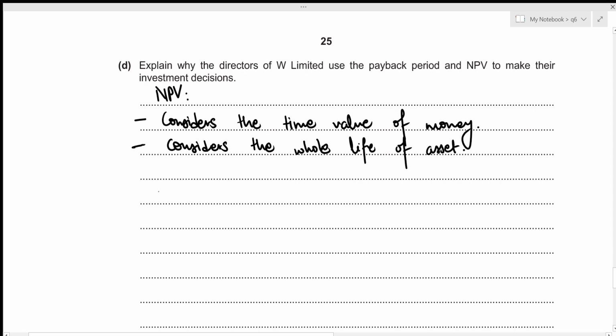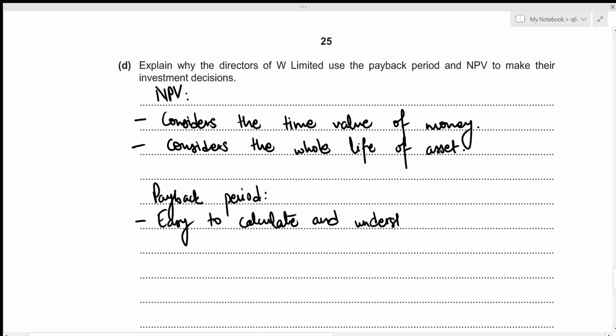Now let's talk about payback period. Payback period is quite easy to calculate and understand. And payback period is essential in order to know when the investment can be recouped, right?